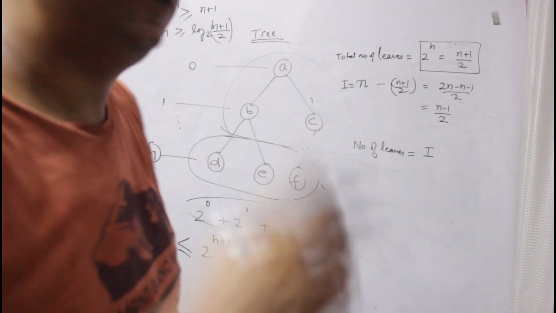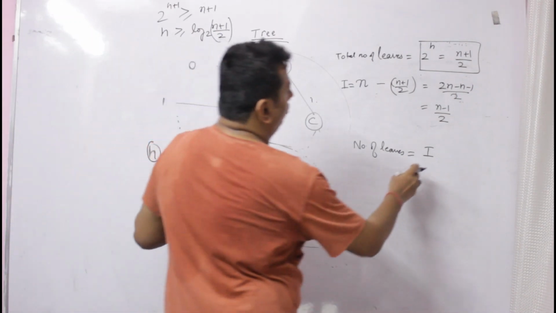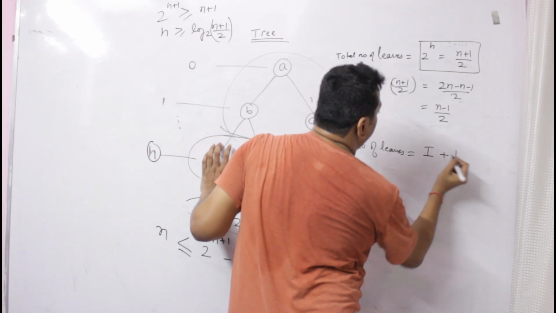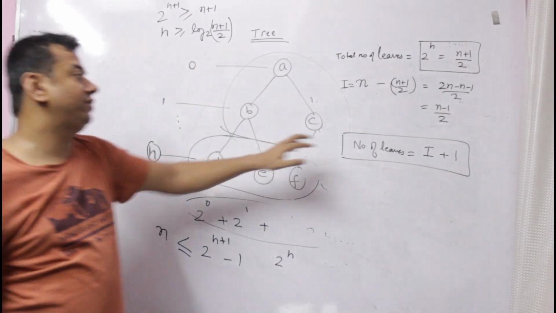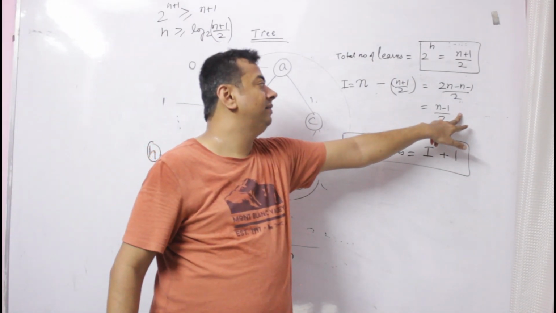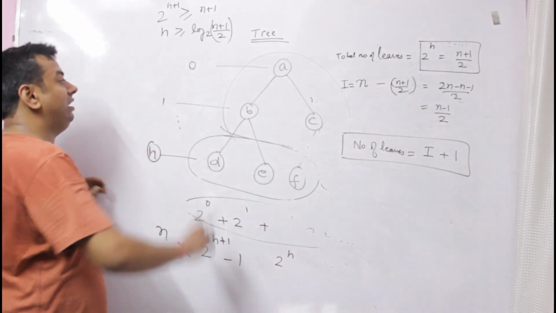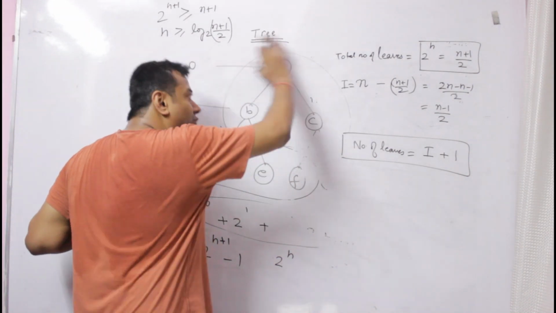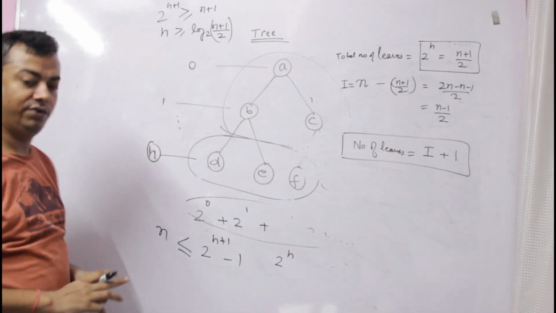So I can write total number of leaves is equal to total number of internal nodes plus 1 also. If you add 1 here, it will be (n plus 1) by 2, which is I plus 1. So total number of leaves will be total internal nodes plus 1. You have to remember this.